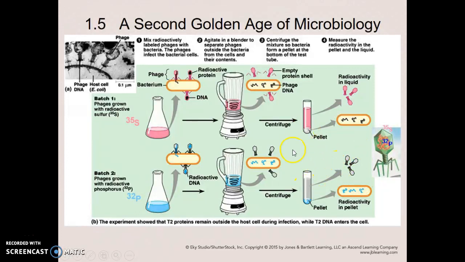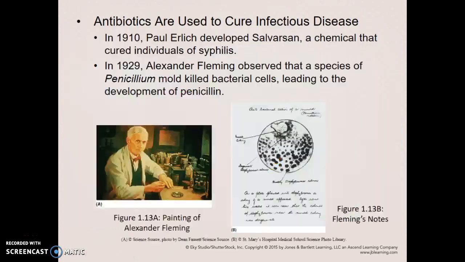So the information that was radioactive, the DNA, actually went into the bacteria, but up here, the radioactive capsid did not go into the bacteria. So that allowed us to undeniably determine that DNA and not the protein was the genetic material that transforms organisms.